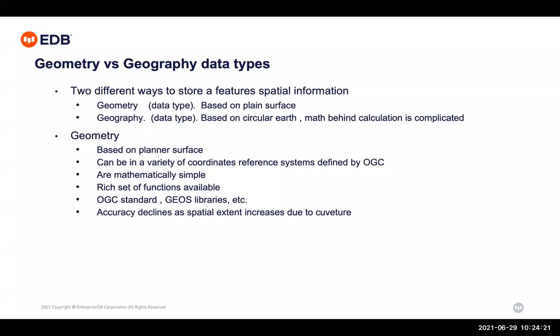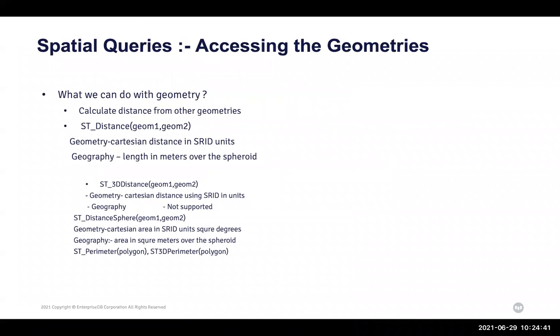That's why I have to think about the angular part, longitude and latitude. At that time the data might be geography. Geometry is based on the planar surface and can use a variety of coordinate reference systems, but geography is based on the round Earth. I don't want to go into detail, because most GIS professionals are already aware of this.